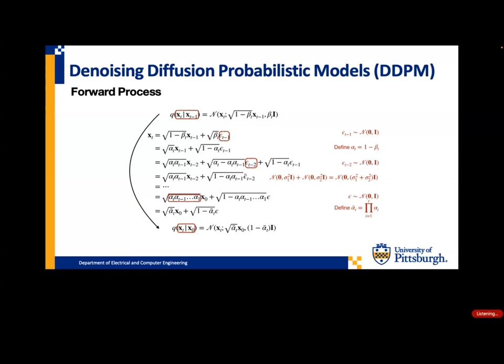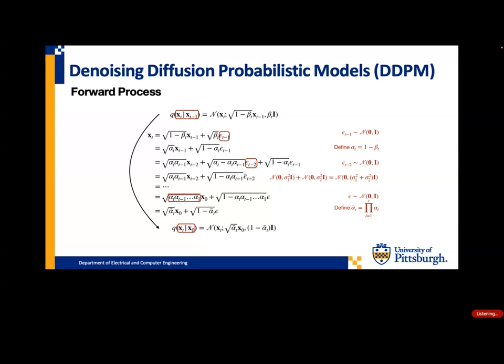We know x t minus 1 can keep expanding recursively with this equation. If you keep expanding it, x t minus 1 equals square root of alpha t minus 1 times x t minus 2, plus this.